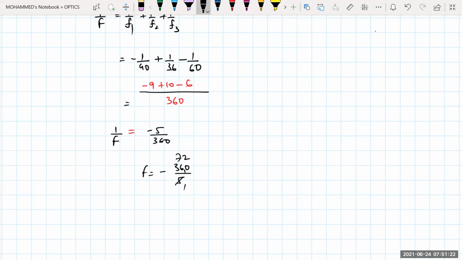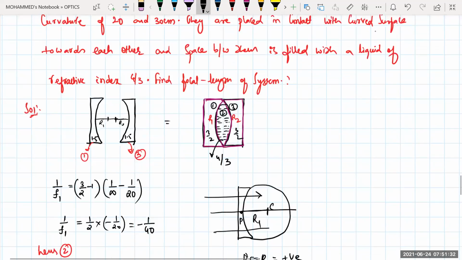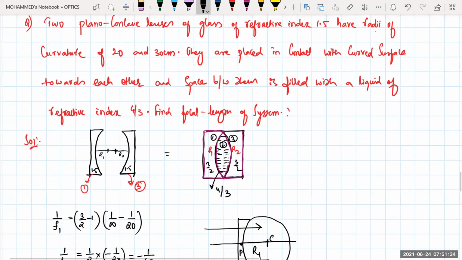That means focal length will become minus 72 centimeters. Got an idea how to do the problems of combination lenses? So when you're talking about the combination, you need to take each lens individually, add them, and simplify the relation. That will give you the answer for that. Clear?